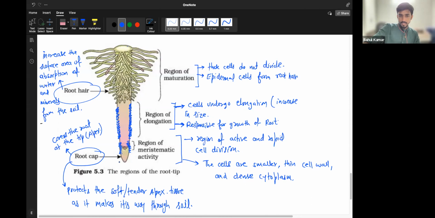This root cap will keep shifting, will keep moving forward because the meristematic region will keep dividing and the elongation region will keep becoming bigger. So the root will keep moving forward. And over the time, the elongation region will become matured, the meristematic region will become elongation, and this tip will move further.